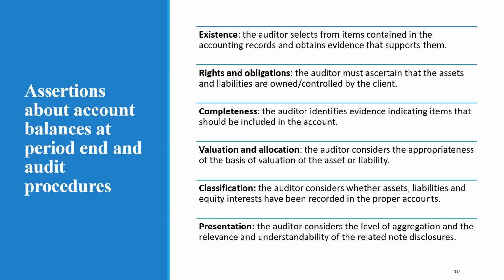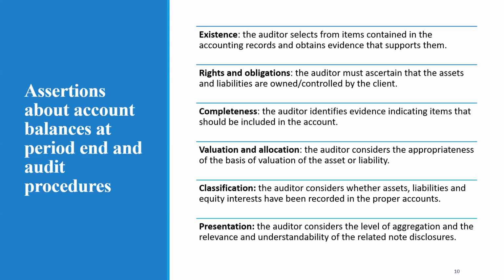Hi, hello. So here, if we are testing existence for accounts, the normal test could be, for example, matching, vouching, because you are doing the inspection of the underlying documents to ensure the transactions are supported by real transactions.